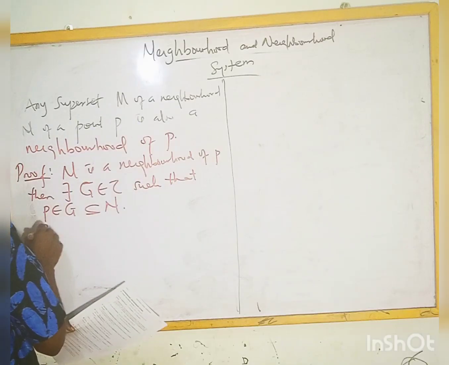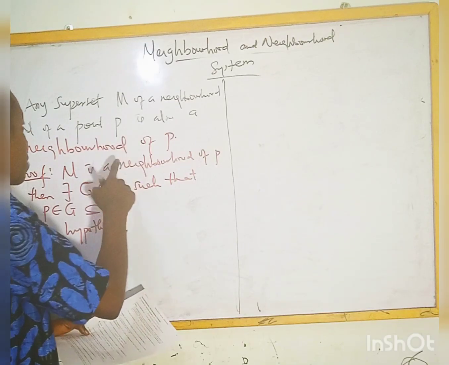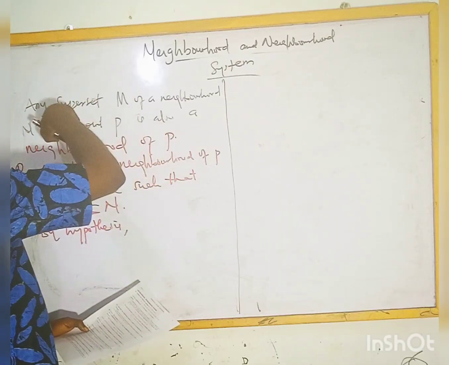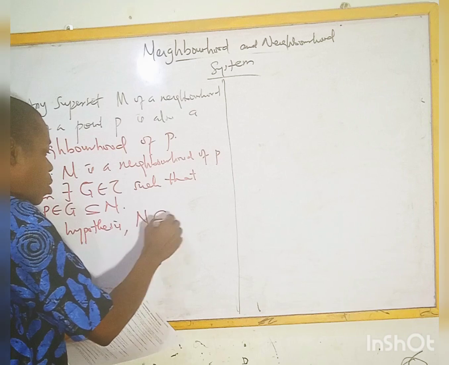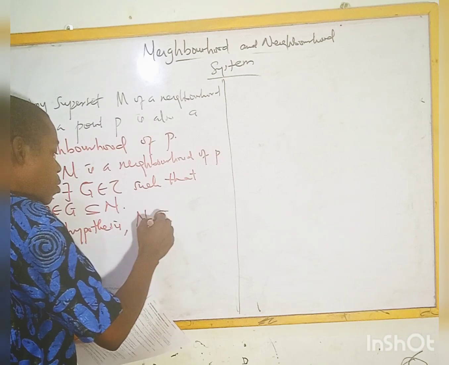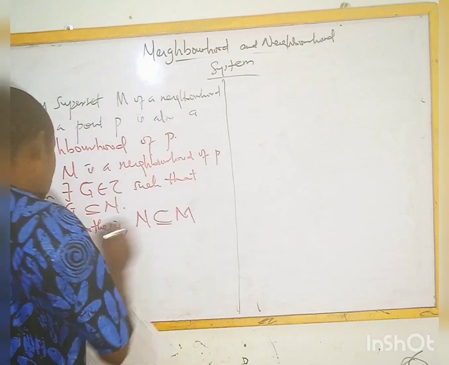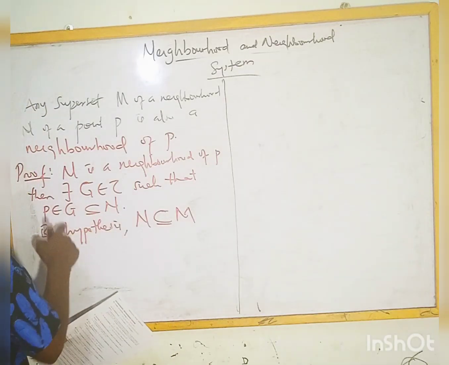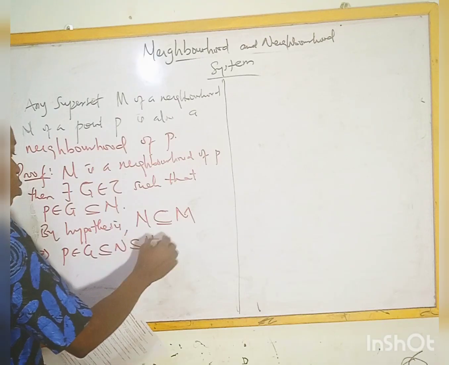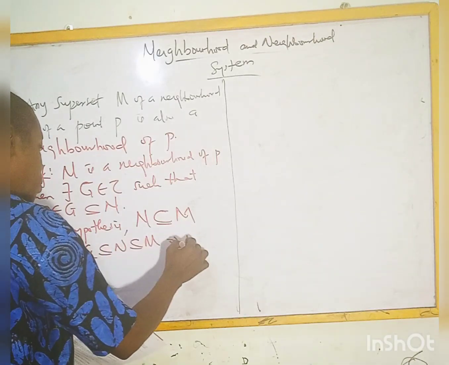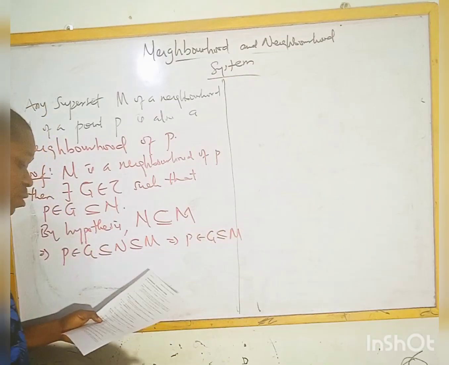Because M is a superset of N, that means N is a subset of M. So this implies P is an element of G, a subset of N, a subset of M. Can you see that?